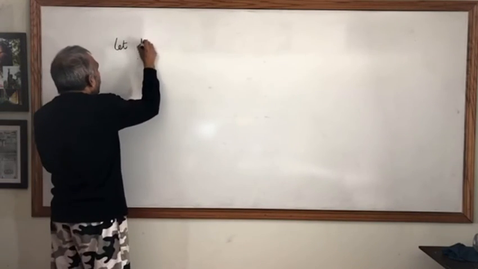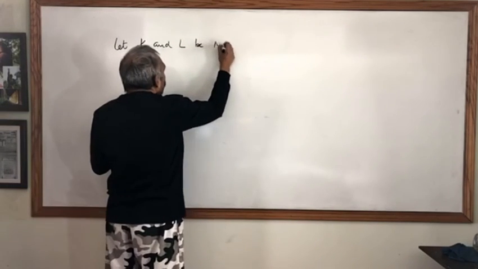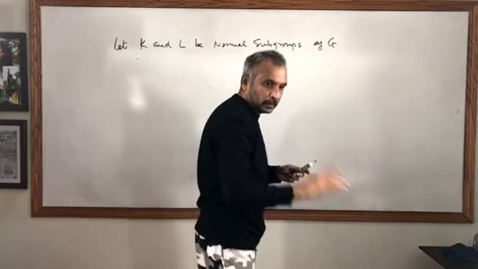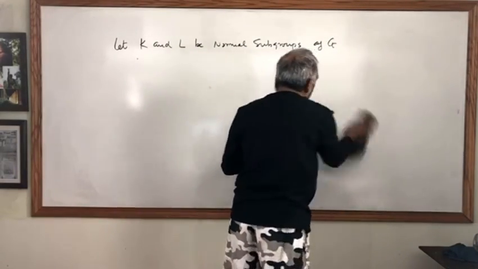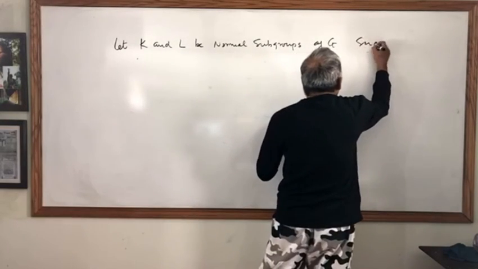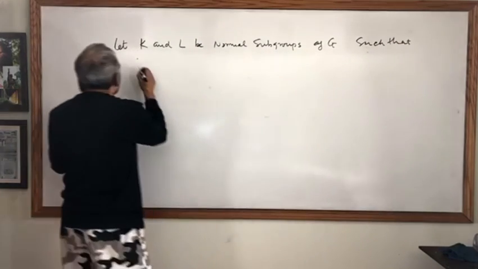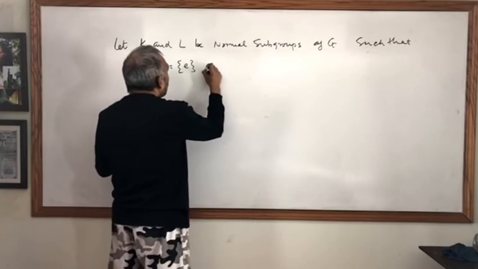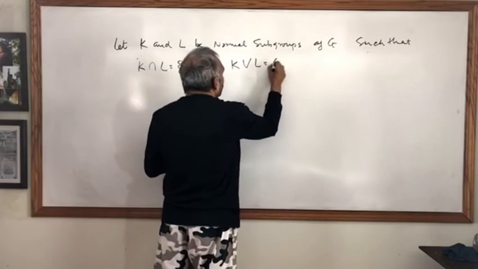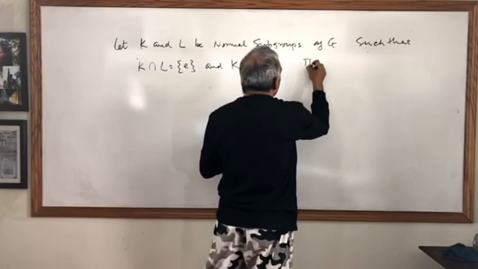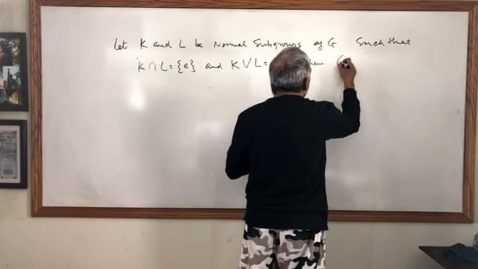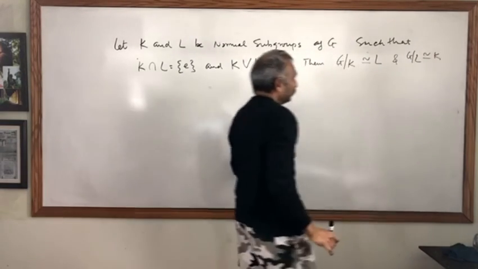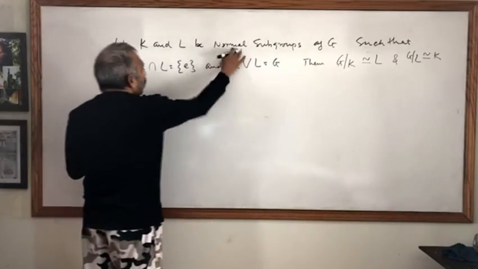Let K and L be normal subgroups of G such that the intersection of K and L is equal to the identity of G and K join L is equal to G. Then G over K is isomorphic to L and G over L is isomorphic to K.